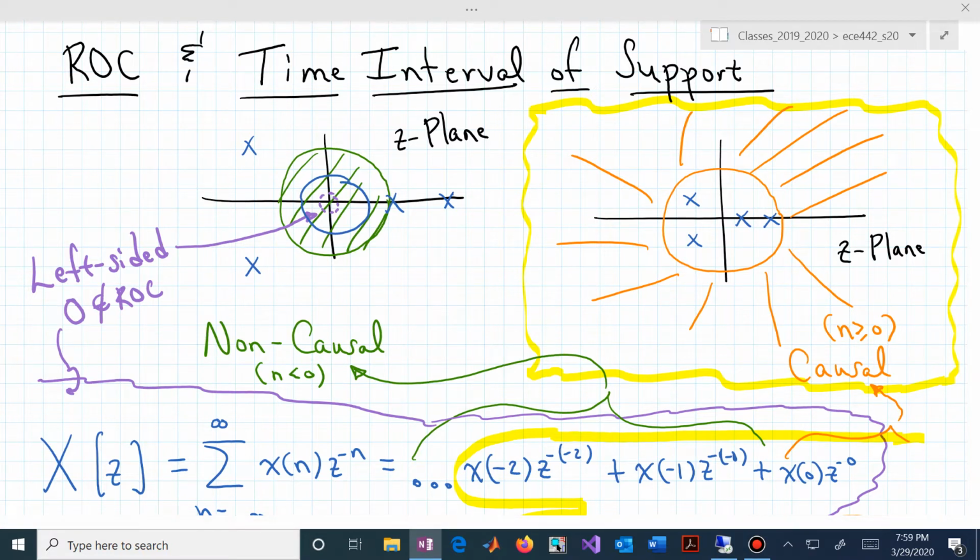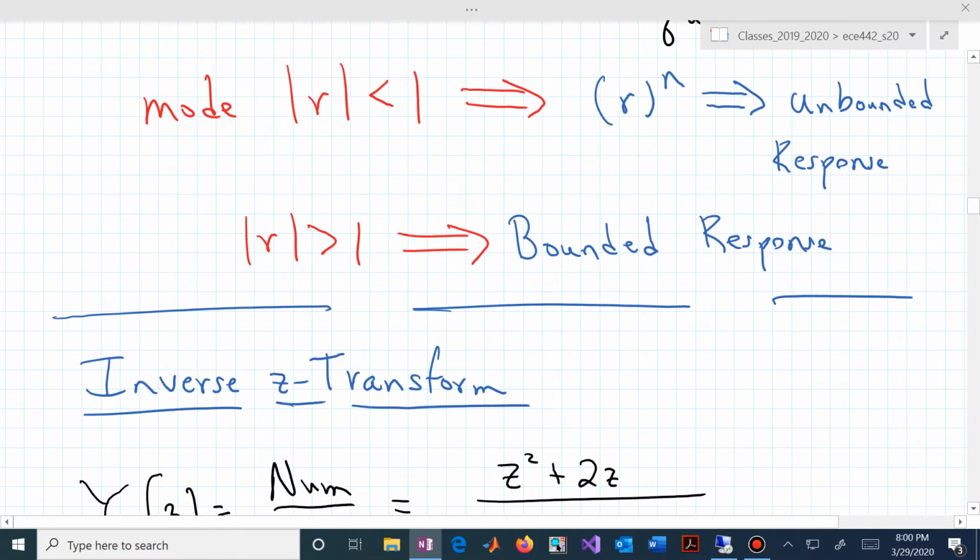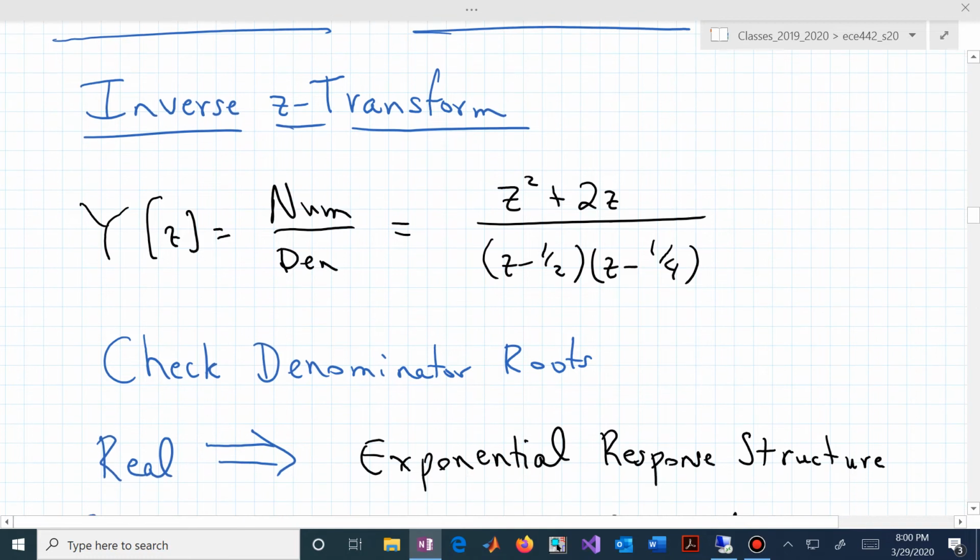If it is, if that blue circle now is the unit circle, all of those poles are bigger in modulus than 1, and that will correspond to a bounded time response for that configuration of the region of convergence containing the unit circle. That's region of convergence relative to the unit circle, and bounded and unbounded response.